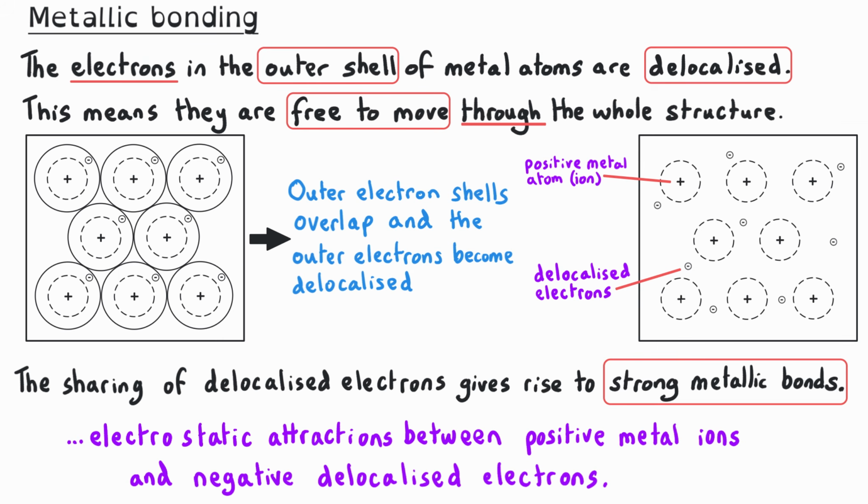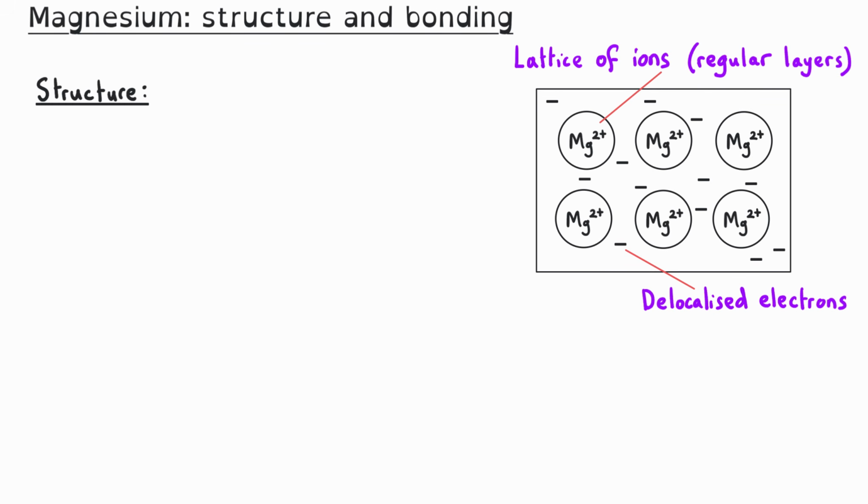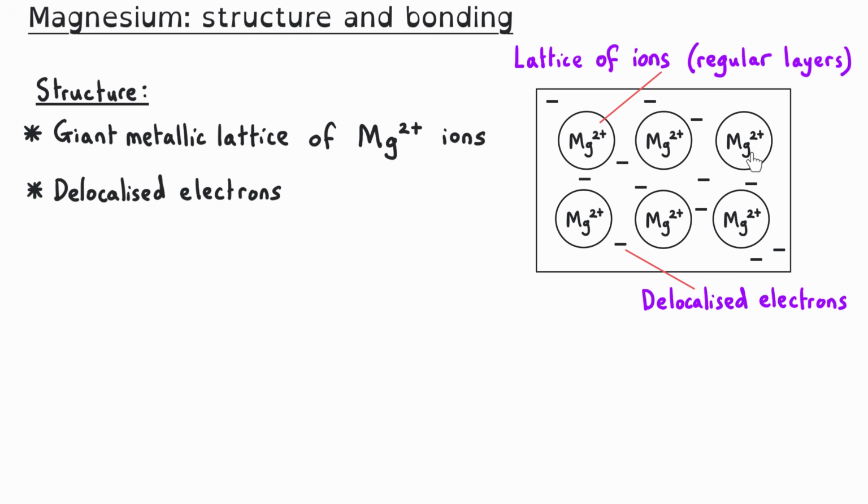The one example of a metallic structure that you need to know about specifically and be able to draw is magnesium. The structure of magnesium is a giant metallic lattice of magnesium 2+ ions, arranged in layers with delocalized electrons in a sea around those ions.